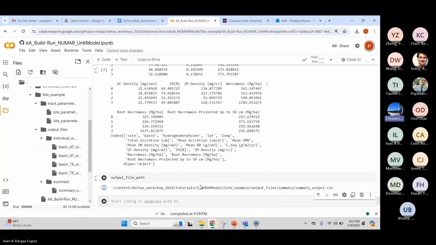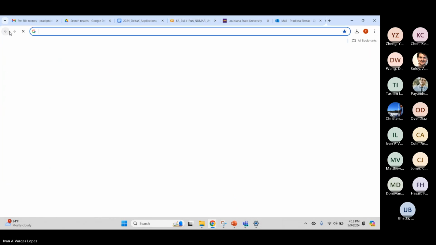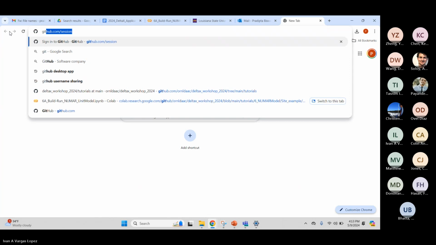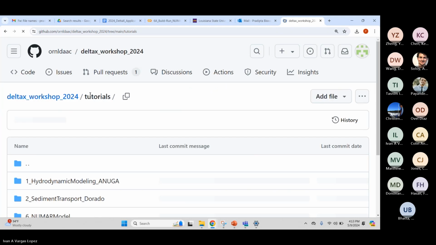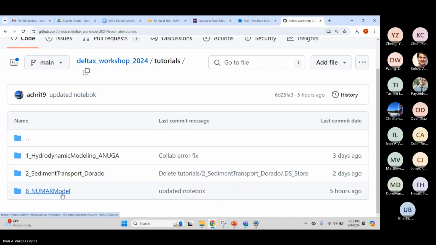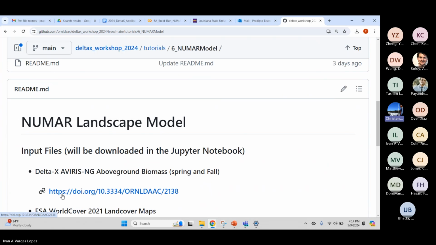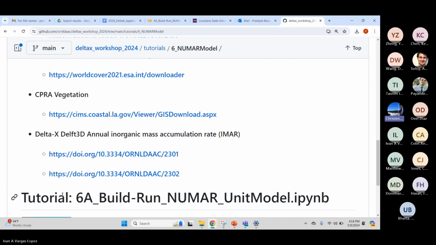Okay, so this is 6B. This one has several data sets that are required to run it.